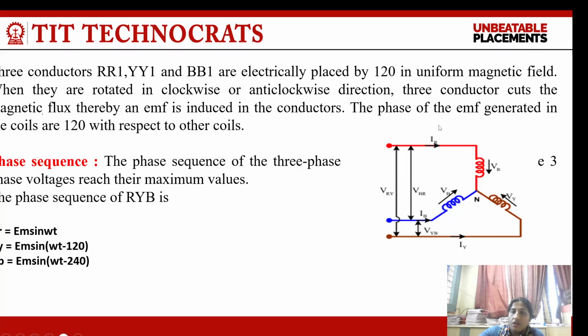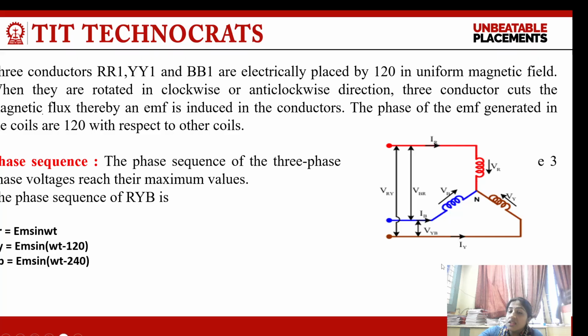The line that is coming out of the phase to connect it to the load is known as the line conductor. So every phase is going to have one line conductor, and as this is a star connection, all the three windings are connected to a common point that is known as the neutral point.